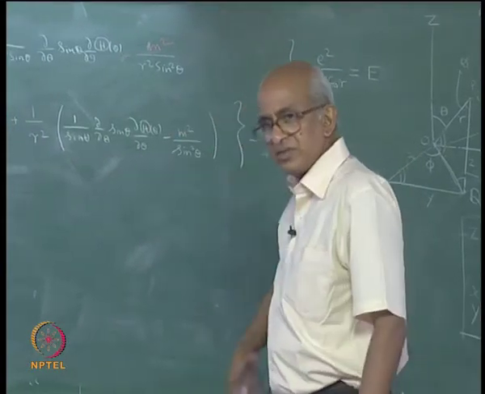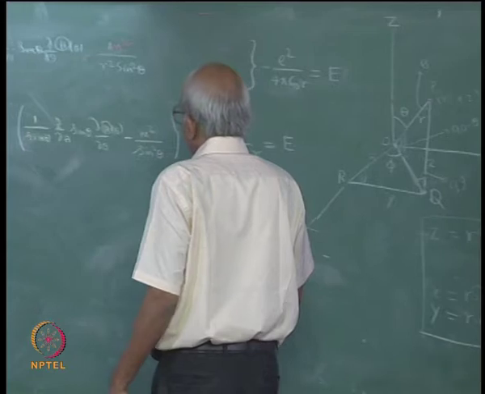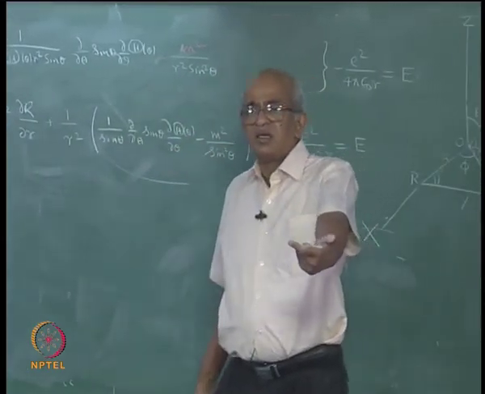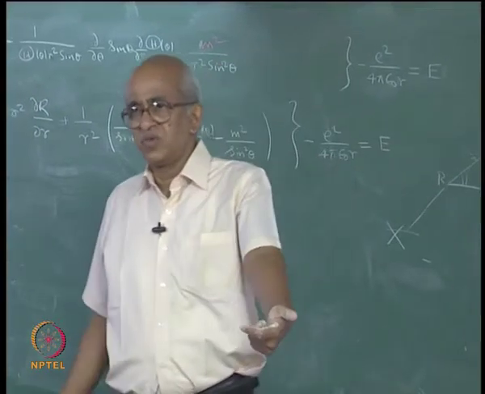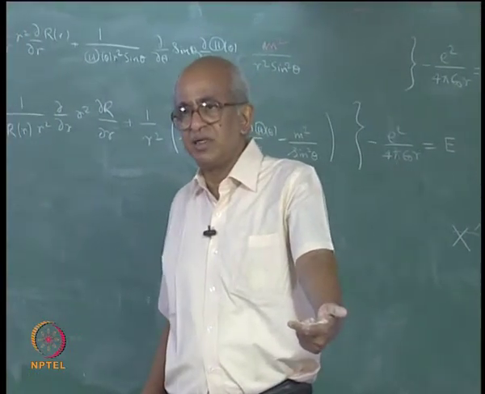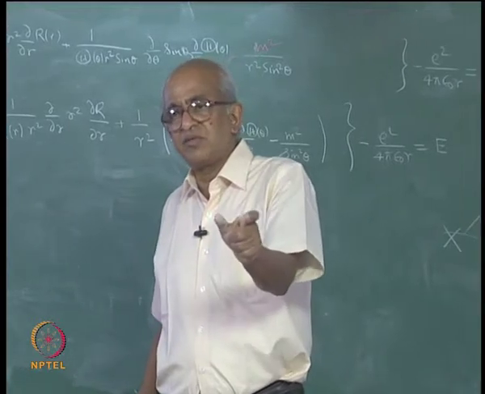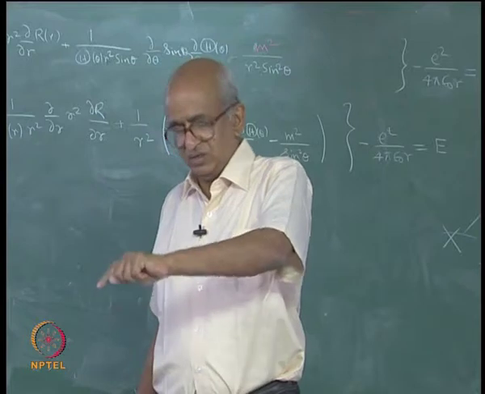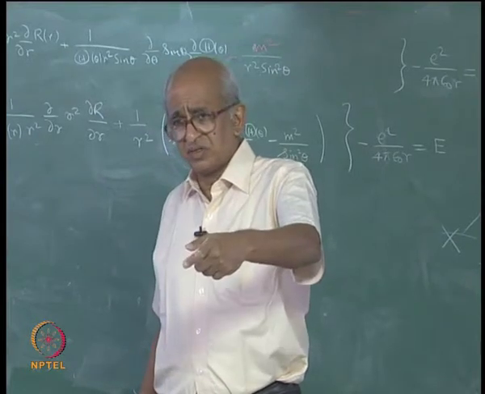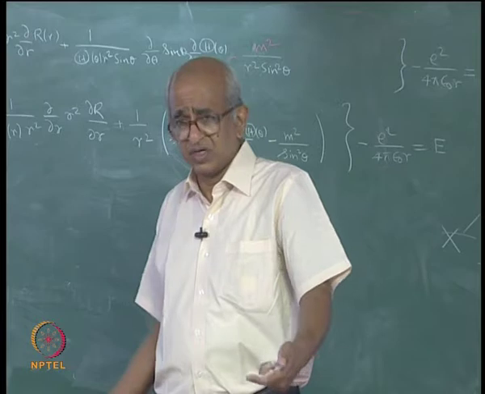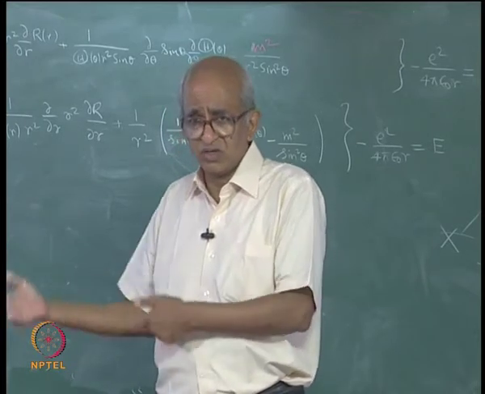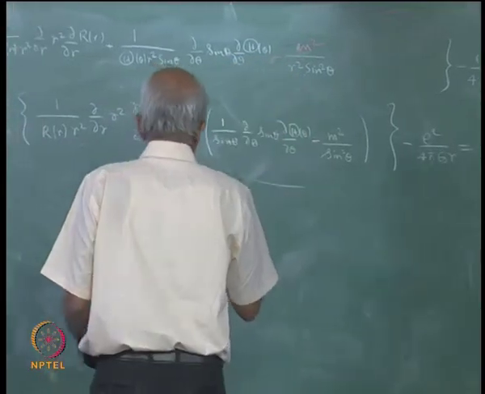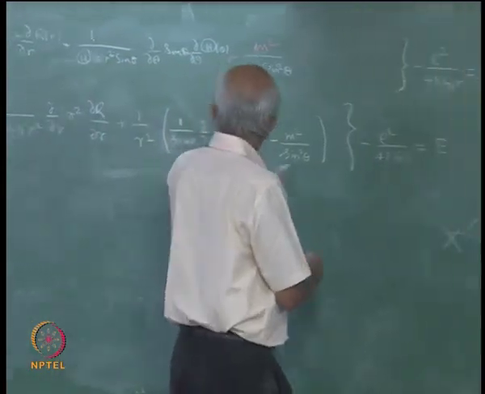You can rearrange this in such a fashion that only this term remains on the left hand side, and then you will say that a function of theta is equal to some function of r. Theta and r are both independent variables. So, in the spirit of the method of separation of variables, you will have to say that both of them are equal to a constant. So, that specifically implies that this must be equal to a constant.